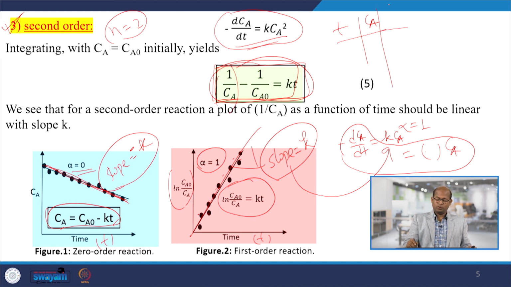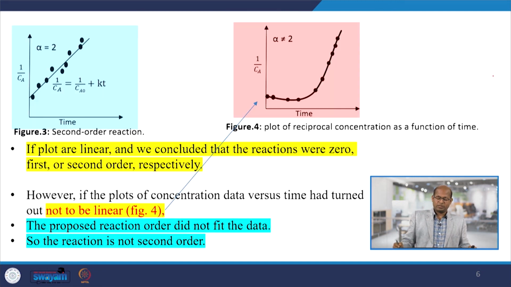If it is a second order reaction, similarly, we have to use 1/CA. So, now we can plot 1/CA against time. If we plot 1/CA on the y axis and time on the x axis, then we get these dotted points for the second order reactions, alpha equals 2.